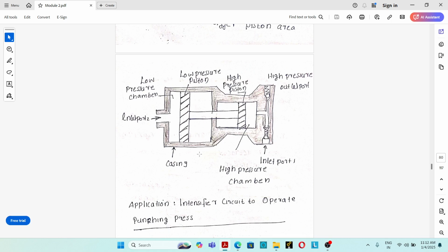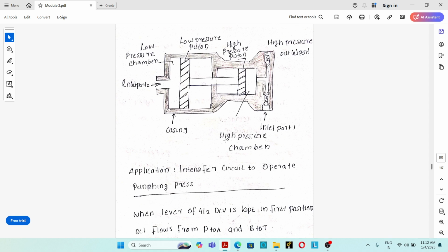See, while I was discussing this single acting intensifier, I said that there is no hydraulic oil here. Actually, hydraulic oil will also be present here. Here and here also hydraulic oil will be present. Here there is no hydraulic oil. Okay. So in the forward motion of the piston, the low pressure hydraulic oil will be filling here.